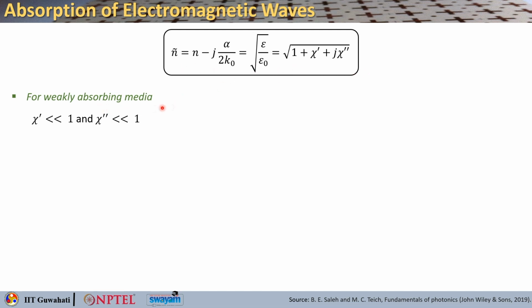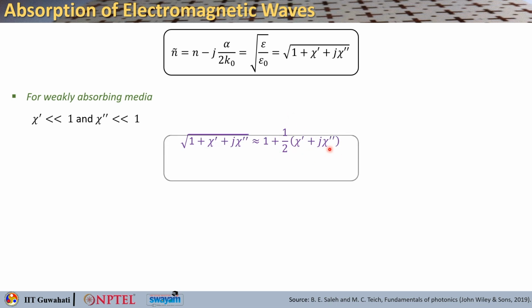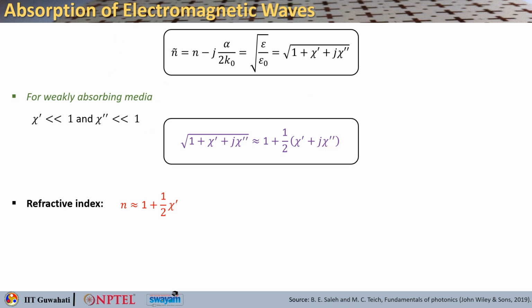Now, for the case of a weakly absorbing medium, you can take this as much smaller than 1, and this is also much smaller than 1. In that case the square root can be expanded with only two terms: 1 plus half of chi prime plus j chi double prime. Then you equate the real and imaginary parts. You will see that n, the refractive index, is basically 1 plus half chi prime.